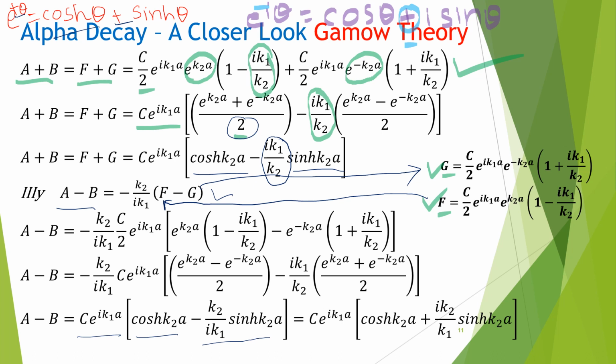Here we can take a proper collection such that the negative sign is absorbed, and we can write this as C into e to the power I k1a into cos of k2a plus I times k2 upon k1 sinh of k2a.